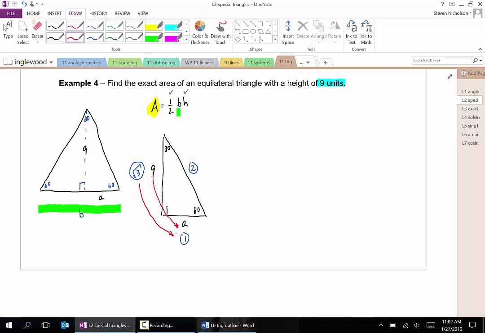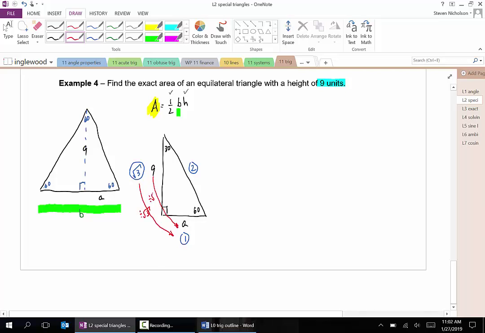So again, if you remember about your similar triangles, all sides are in the same proportion. If we can figure out how much bigger one is than the other, then we could go ahead and do it. So ideally what we're doing here is, how do I go from root 3 to 1? Well, I'm going to divide by root 3. Root 3 divided by root 3 is equal to 1.